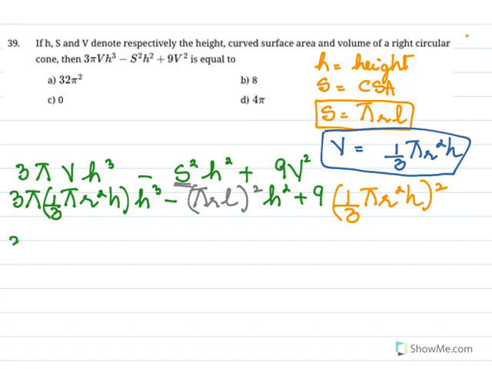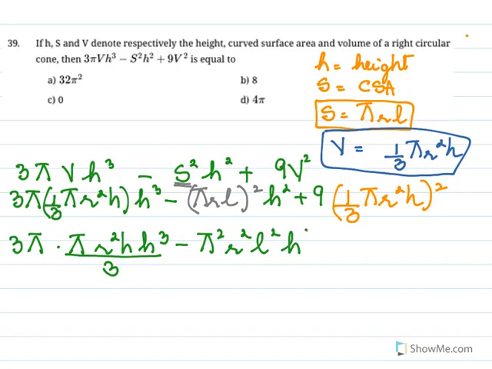So let's put the values now. Here we have 3 pi. Here you'll have again pi r square h, h cube over 3 minus, this is square. So we have pi square, r square, L square, h square. Here 9, this also is square. So 1 by 9 pi square r4 h square.